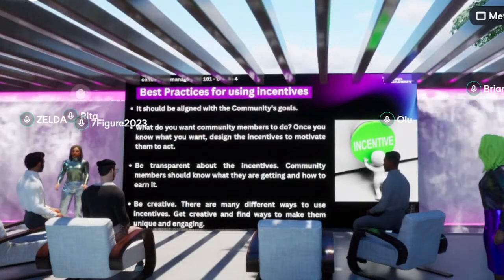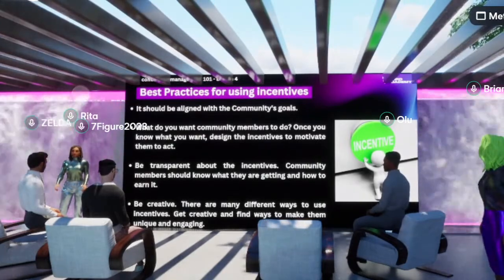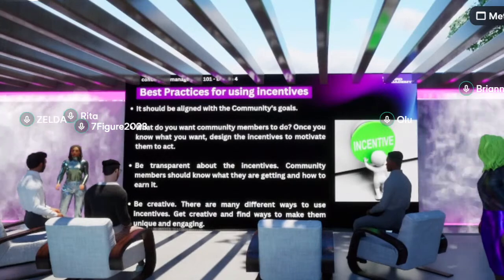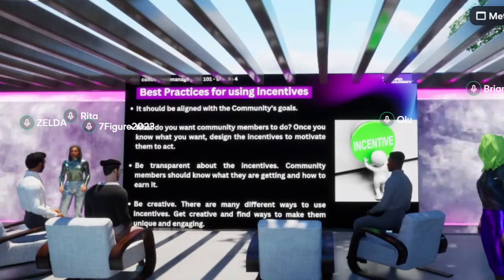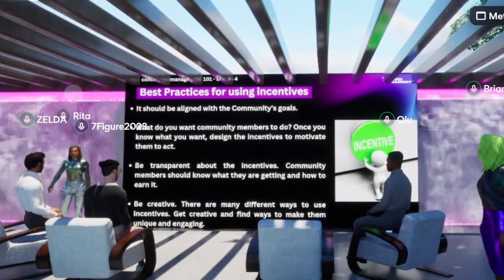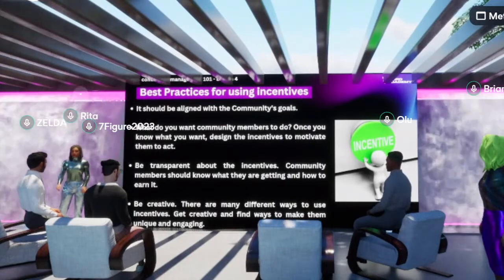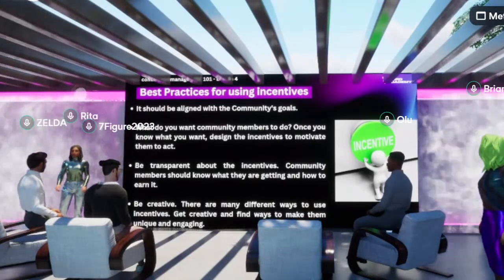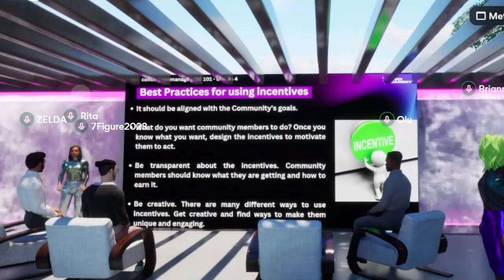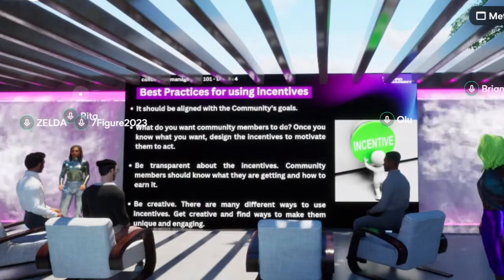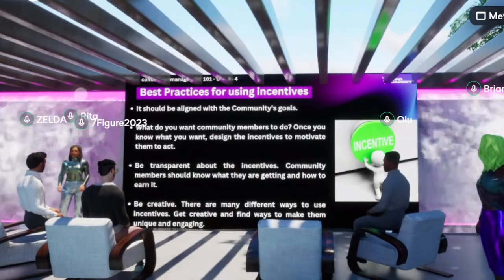So the first thing is to make sure that it's aligned with the community's goal. Remember how I mentioned that to increase engagement is one of the goals they have, they'll incentivize discussions, right? So you have a whitelist.